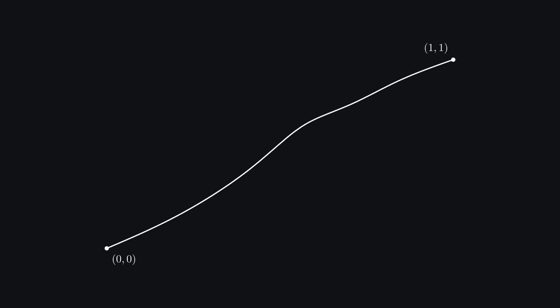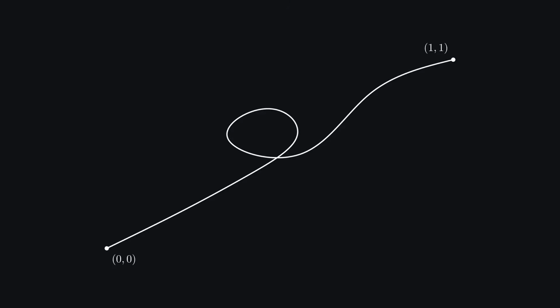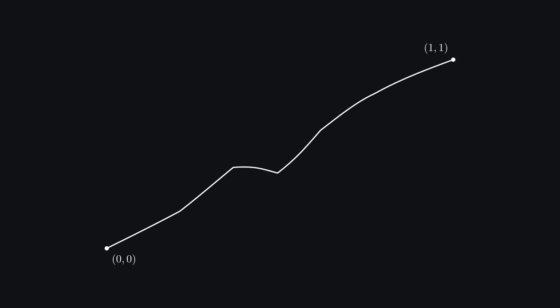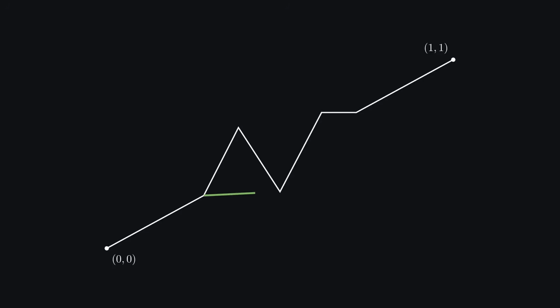Similarly, loops are not allowed because we could perform this sort of surgery, leading to a shorter path. In the same way, if there are corners in the curve, we know we can always create a shorter curve by cutting across that corner. This should give you an intuition as to why the straight line truly is the shortest path.